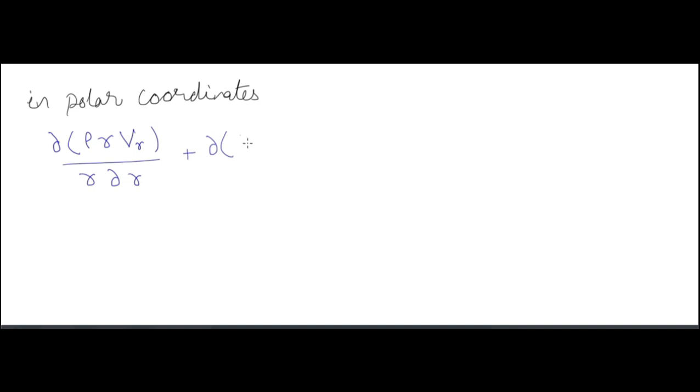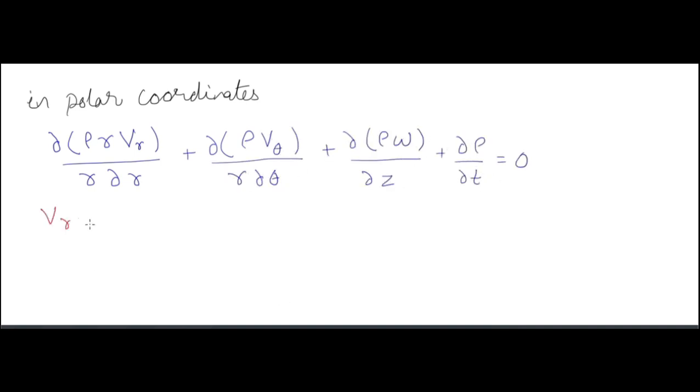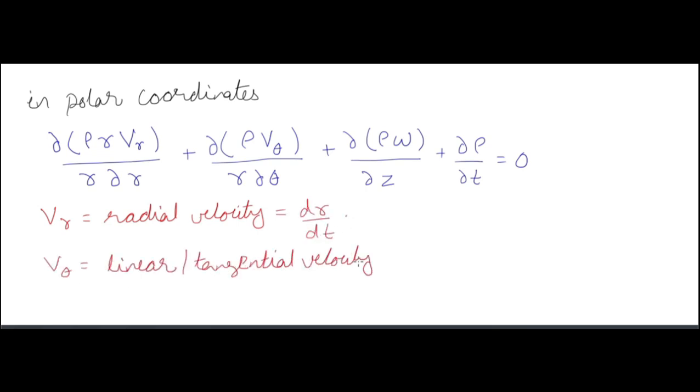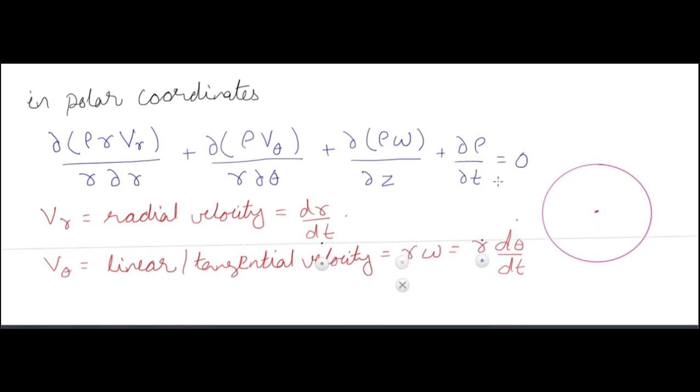Now in polar coordinates we have this equation, the same thing but in polar coordinates. Here Vr is the radial velocity, which means change in radius with respect to time. V theta is the linear or tangential velocity, r omega, where r is the radius and omega is the angular velocity, which is also equal to the change of angular distance, d theta with respect to time.